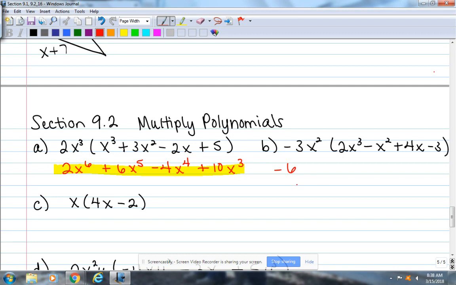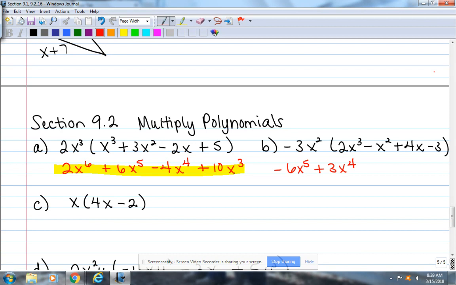And what's x squared times x to the third? 2 plus 3 is 5, kindergartners. All right, then what's negative 3 times negative 1? Positive 3, and x squared times x squared is x to the 4th. So plus 3x to the 4th.